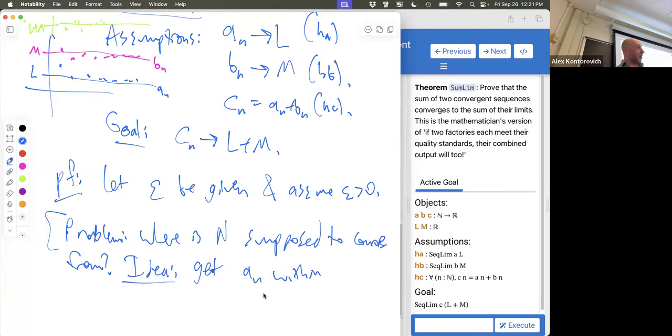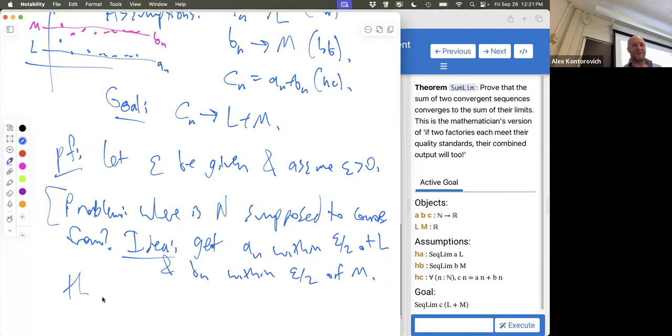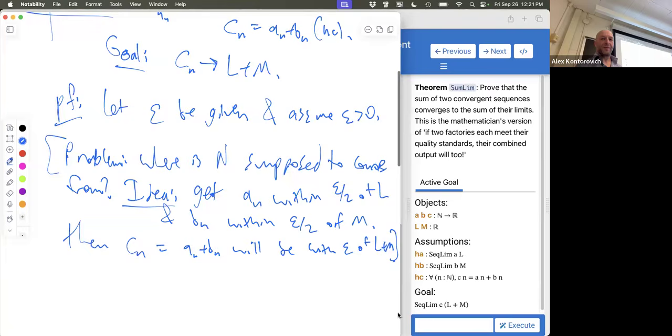Idea: go so far out so that an is within epsilon over 2 of L and bn is within epsilon over 2 of M. And once you do those two things, then Cn, which of course is an plus bn, will be, we have to prove this, within epsilon of L plus M. Okay, so that's the kind of idea for where the proof is going to come in.